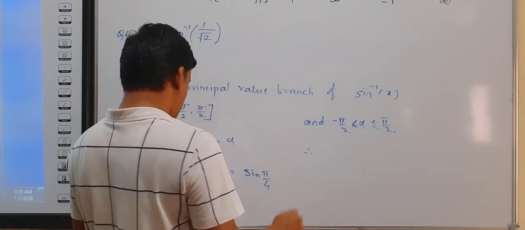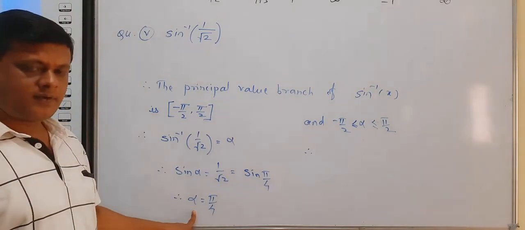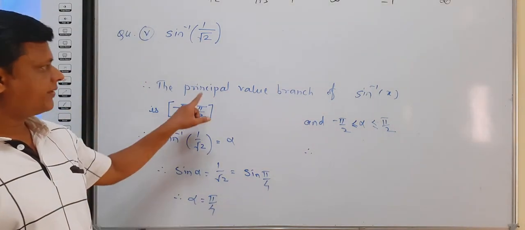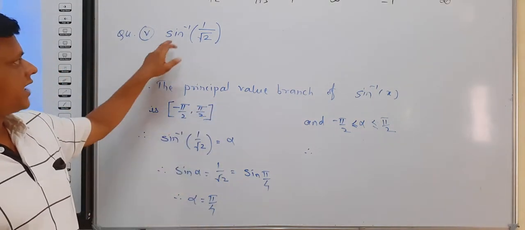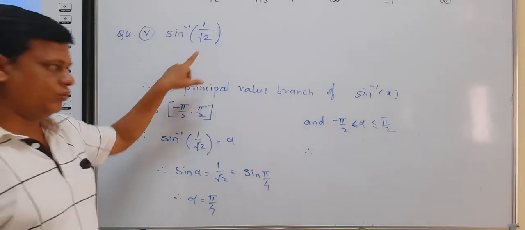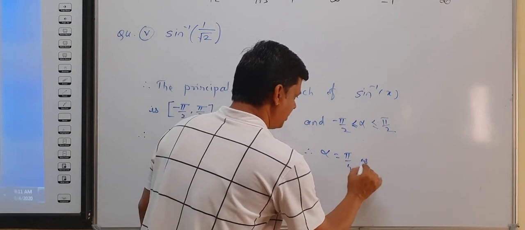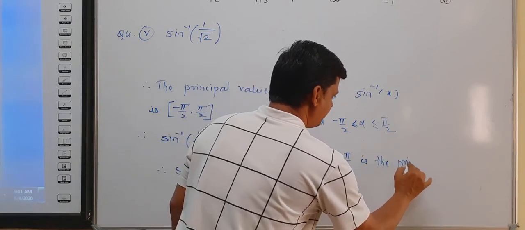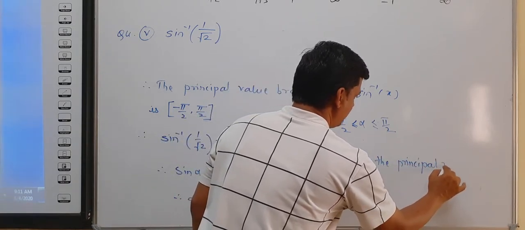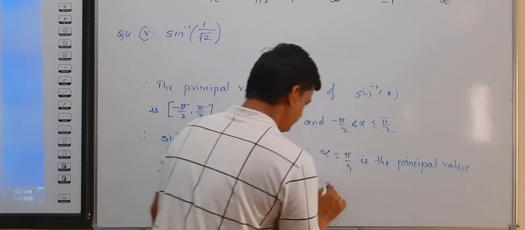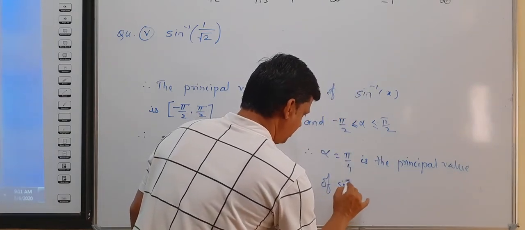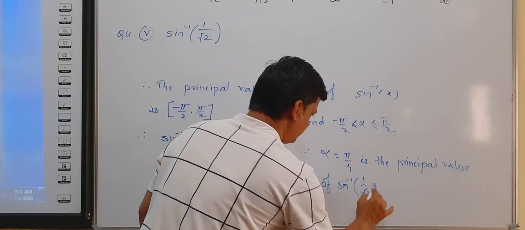Therefore alpha equals pi by 4 is the principal value of sin inverse 1 by root 2.